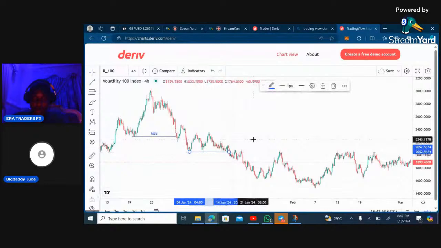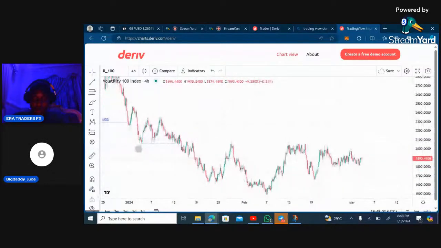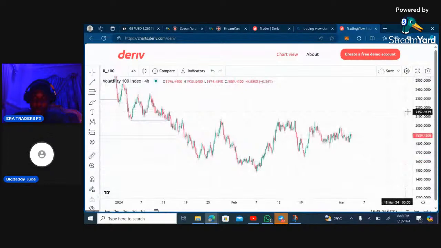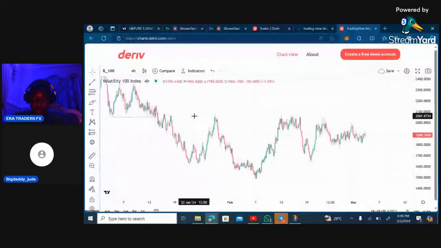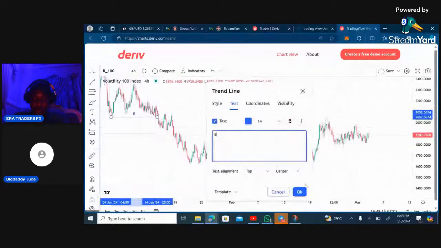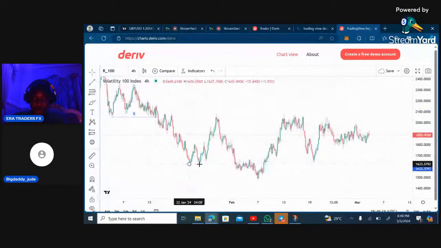You stick to the trend of the markets, and your entry should be on the points where you are seeing valid institutional reference points. Here is a break of structure to the downside. Now I have another break of structure to the downside along this zone.